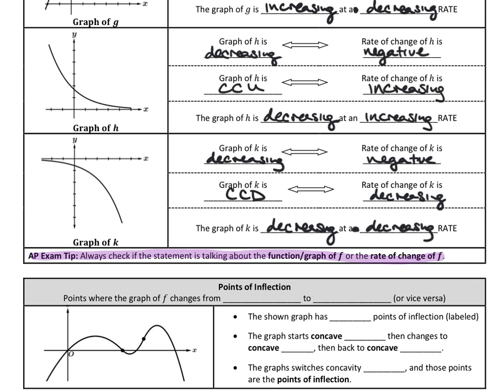Knowing what I'm asking is part of the game. Knowing what I'm asking will get you those 2 points on FRQ3. Am I talking about the graph? Am I talking about the rate of change of the graph? That's part 2I on FRQ3.